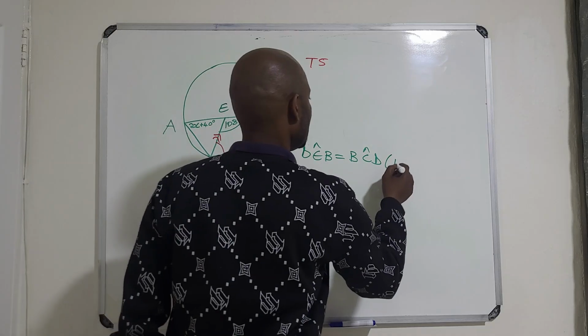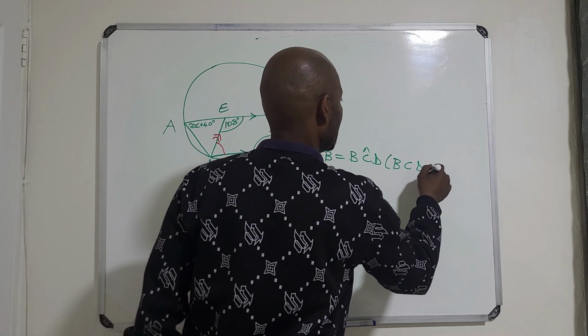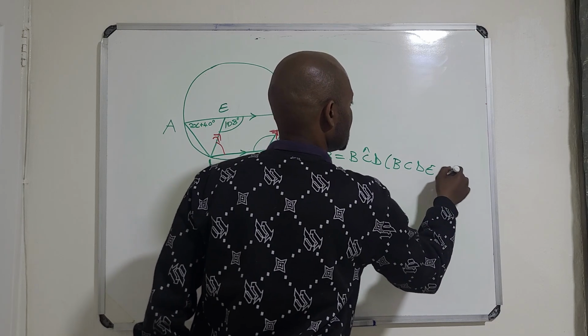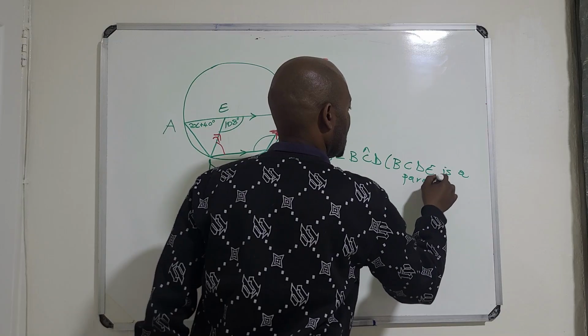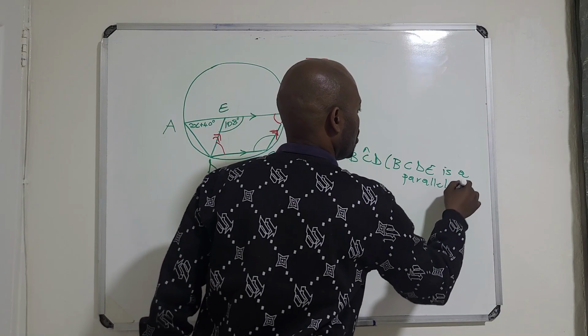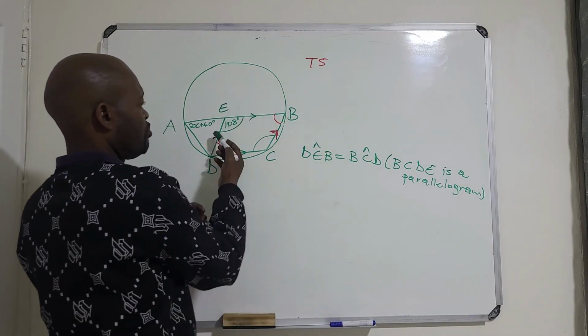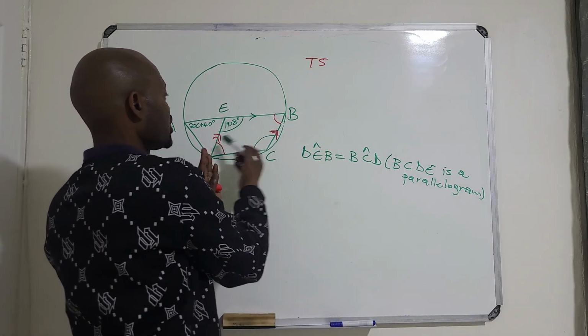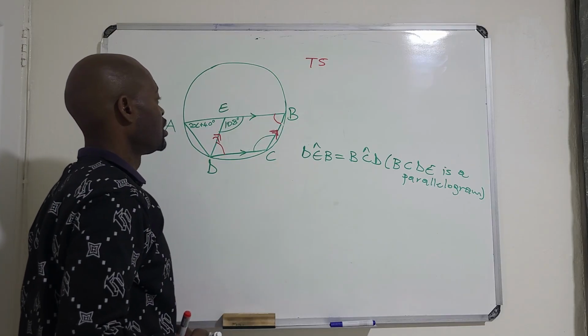Reason: BCDE is a parallelogram. Because we've just said it, opposite angles of a parallelogram are equal.